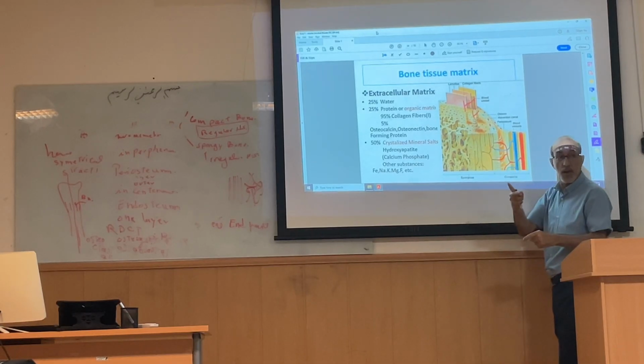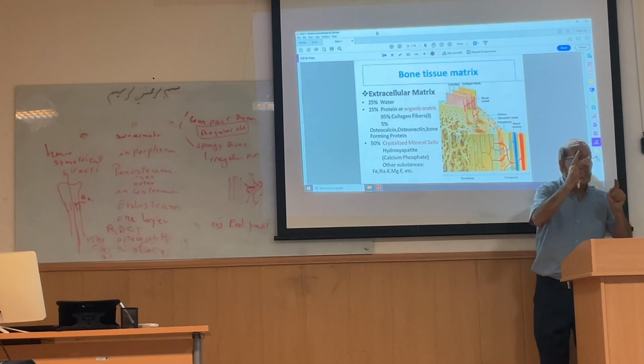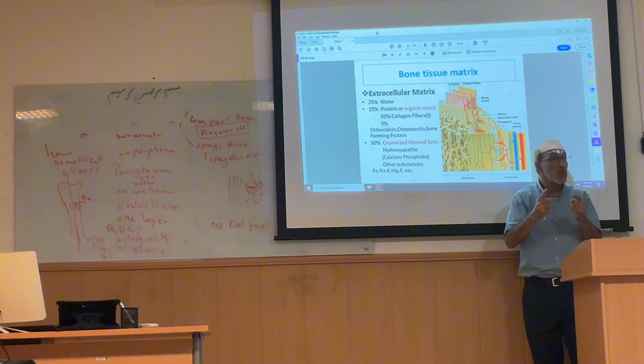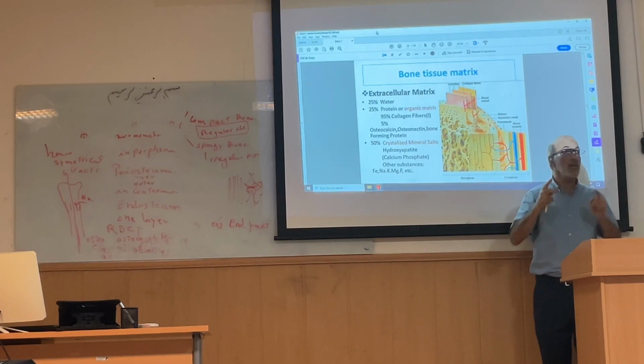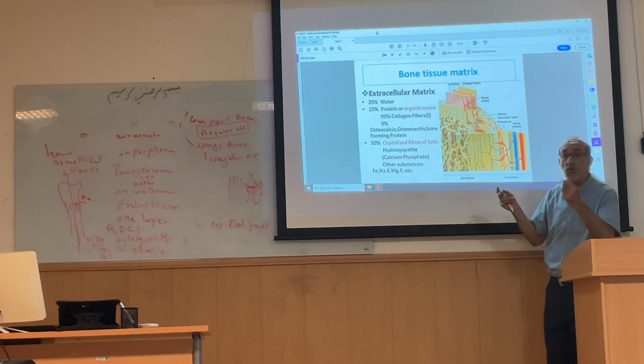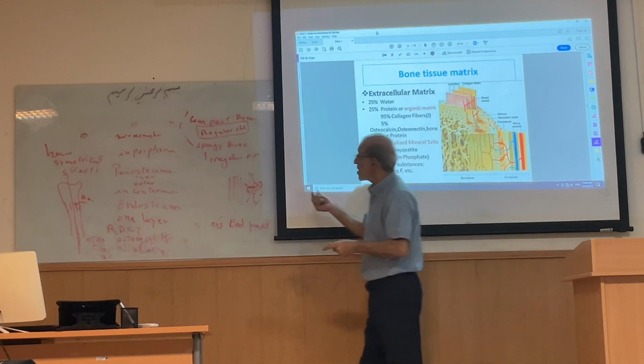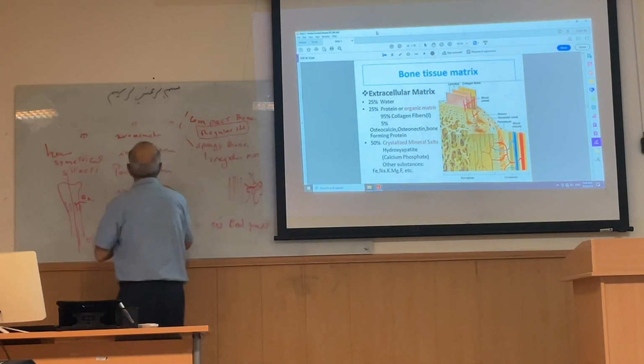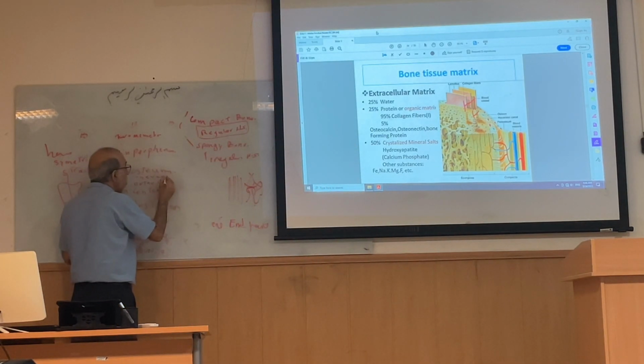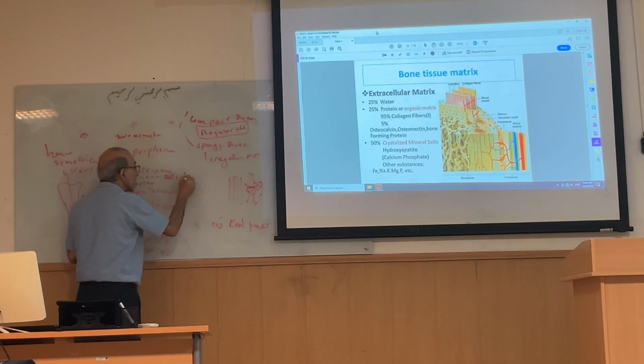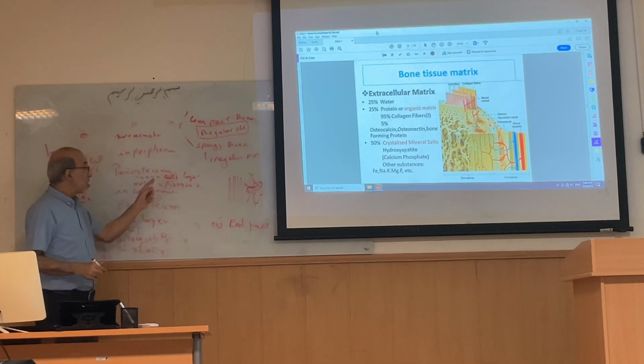Periosteum is two layers, inner and outer. The inner is the cell layer. The outer is the fibrous layer, full of fiber.